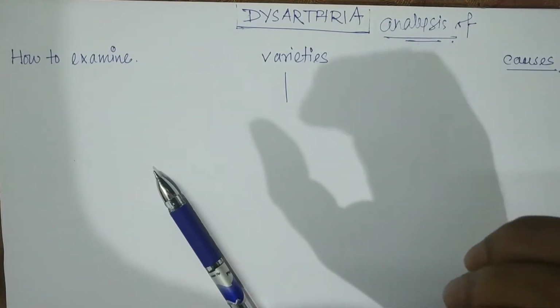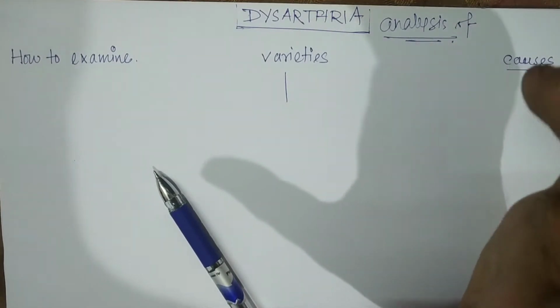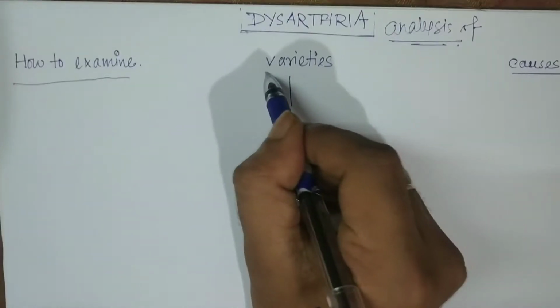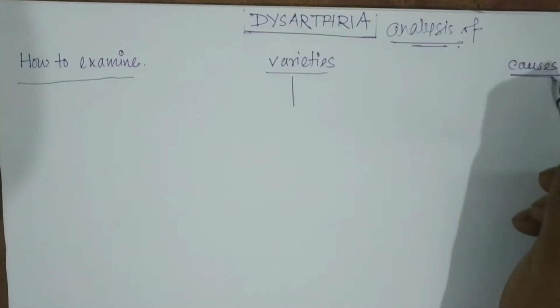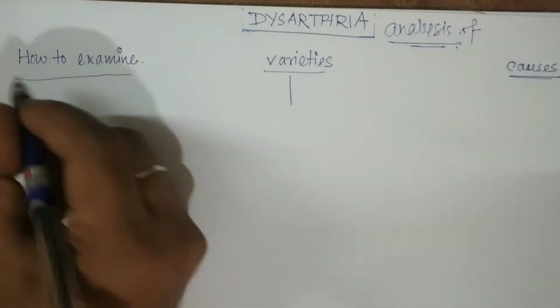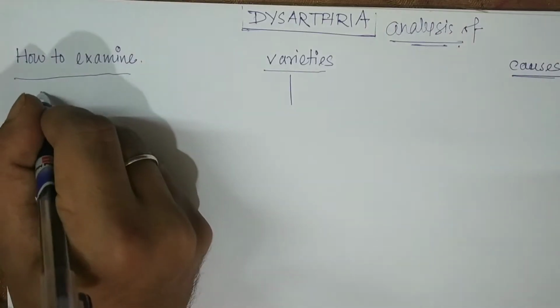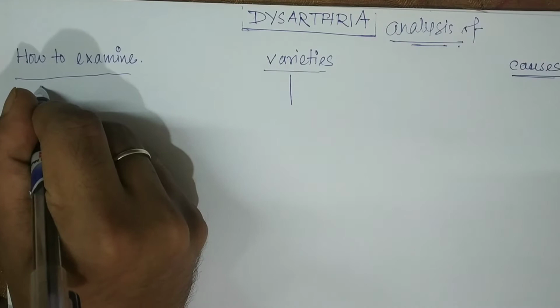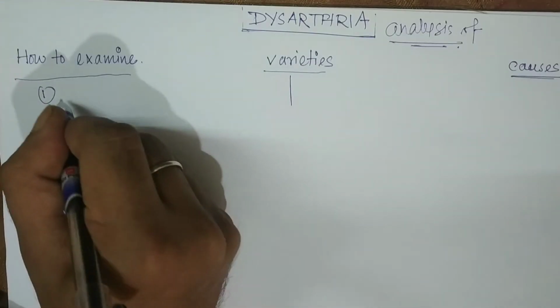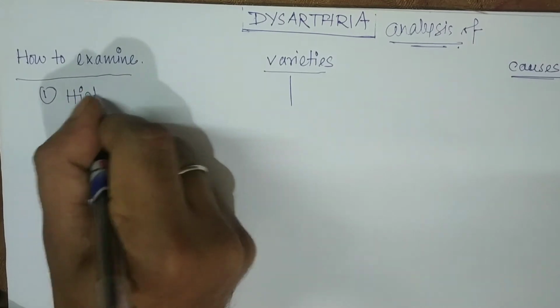So how to analyze, how to examine? Let's start with how to examine. Then we'll talk about the varieties, and later we'll talk about the causes. First, what we have to do is listen to the clarity of the patient's pronunciation during history taking.